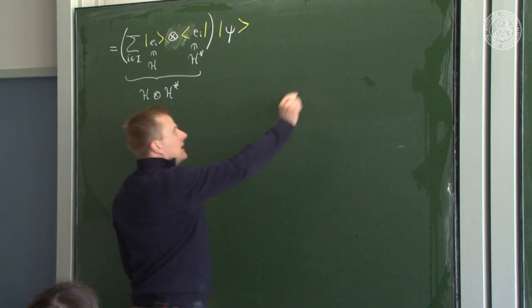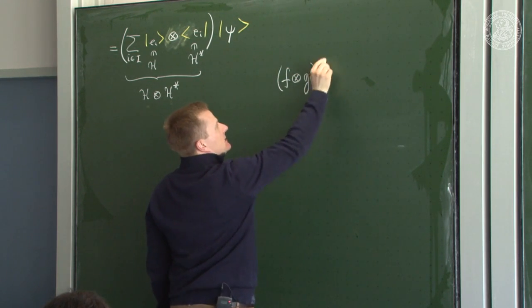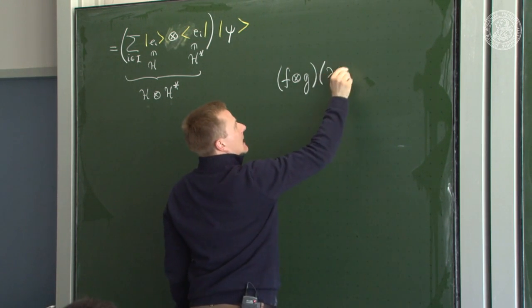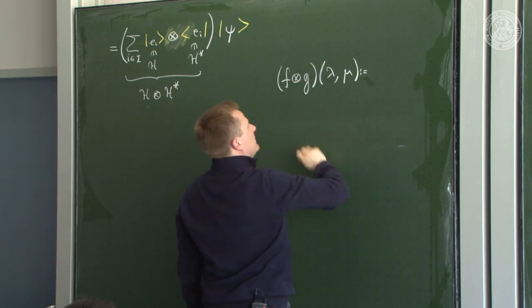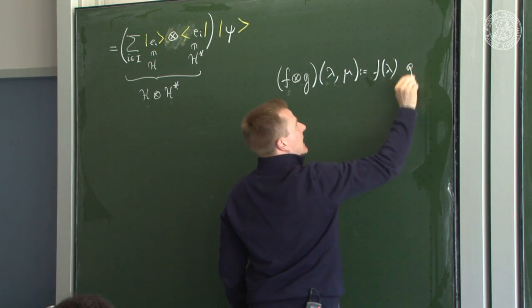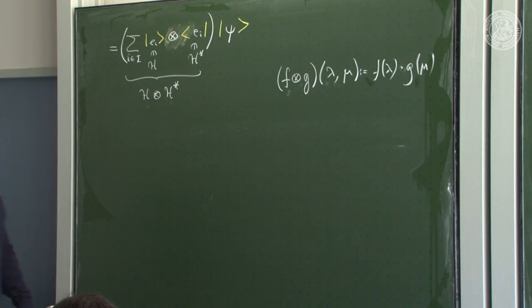However, usually if you have a tensor product of two maps, F tensor G, then you need to feed it with elements lambda, mu, and the definition is that F acts on the first entry and G acts on the second entry, and in between you have a multiplication, okay?